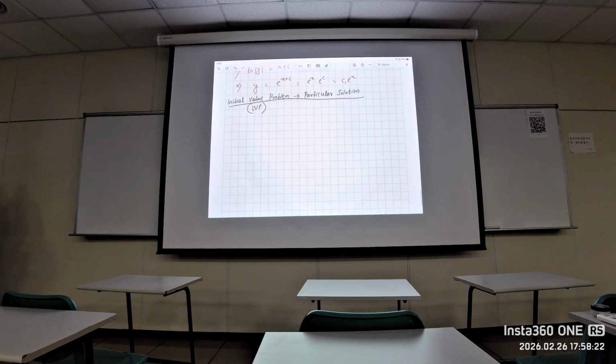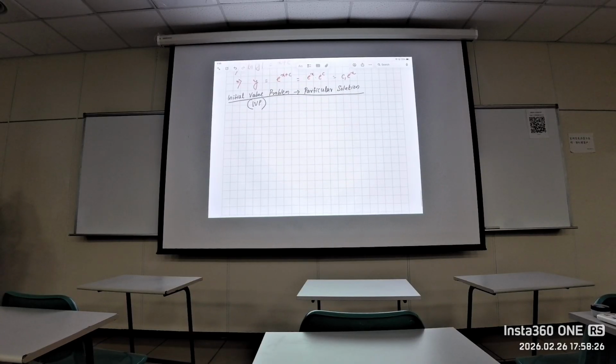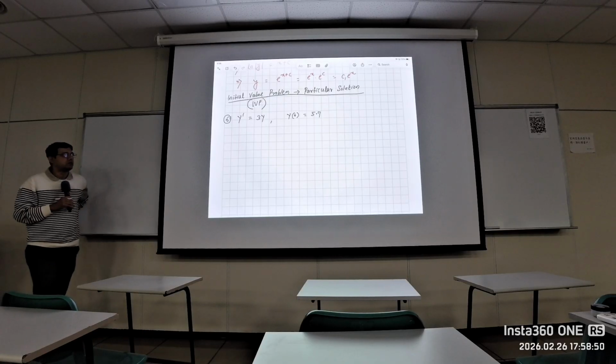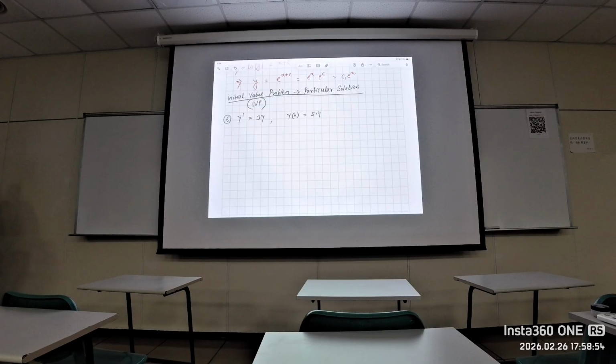So here the question will be in this form. This is question number, let's say 6. The question is y dash is equal to 3y, and the initial condition is given: y(0) is equal to 5.7. So let's categorize which part is what.